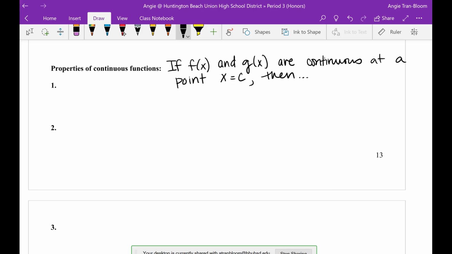I'm going to write out the first few properties first, and then I'll give you an algebra review for the last one. So if two functions are continuous at this particular value c, when you add them, f plus g is continuous as well.